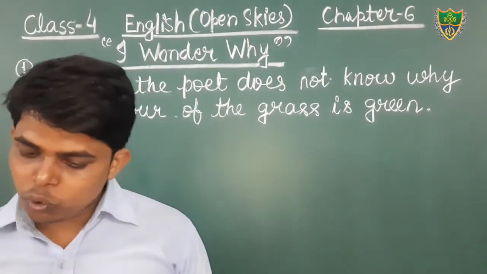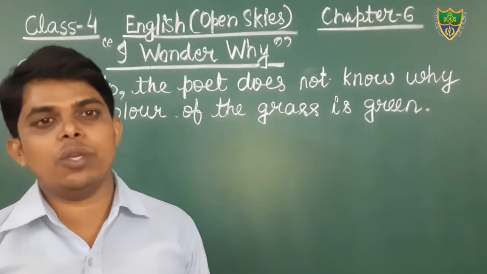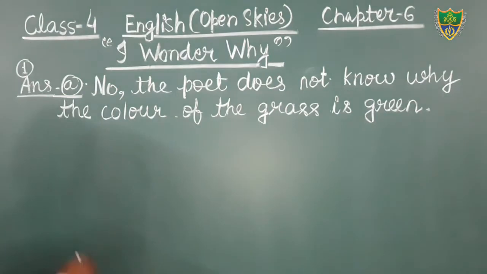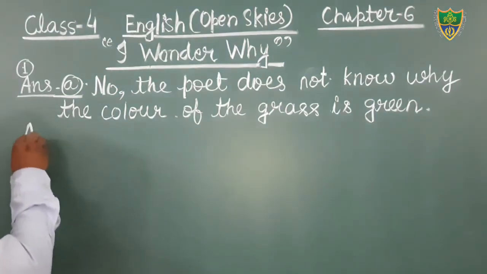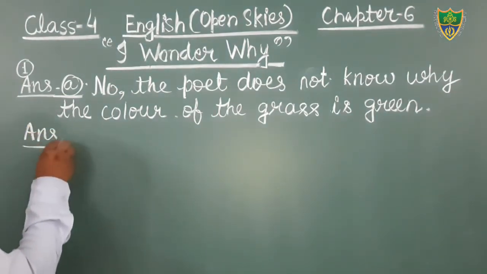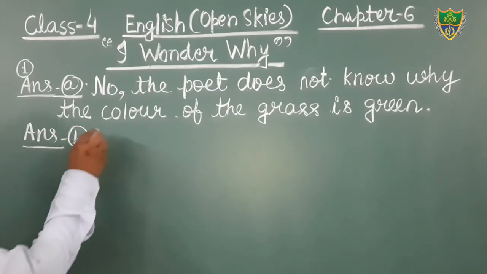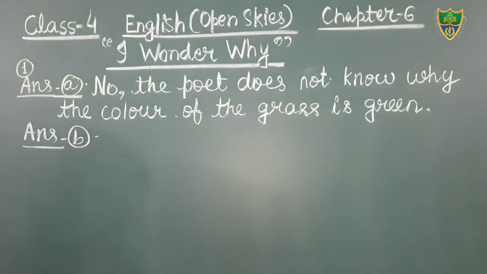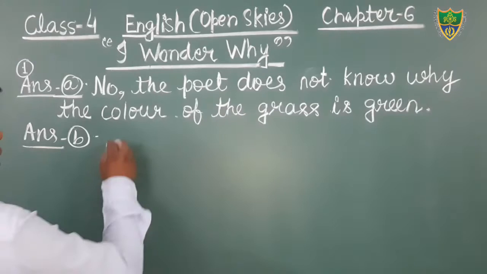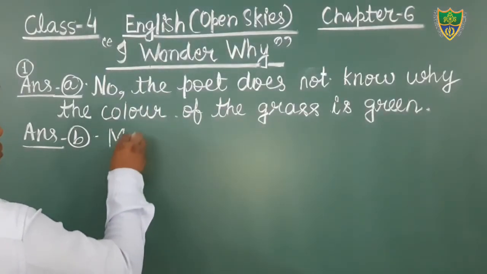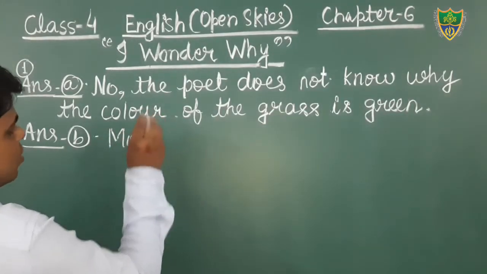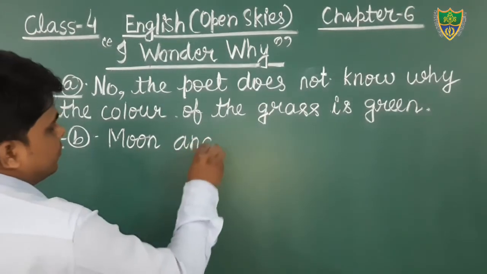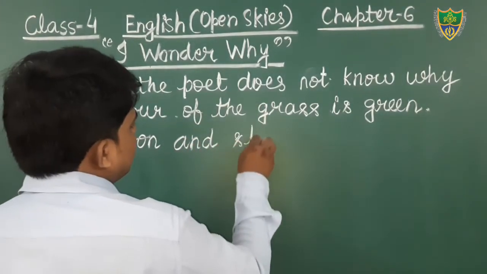Write the name of two heavenly bodies mentioned in the poem. And after writing the question, you will write the answer. That is a very small answer. You will write only the names: moon and stars. This is your answer.